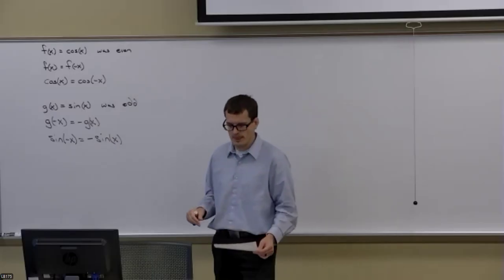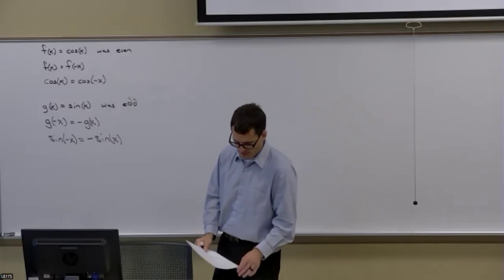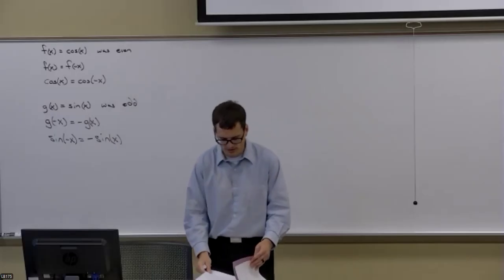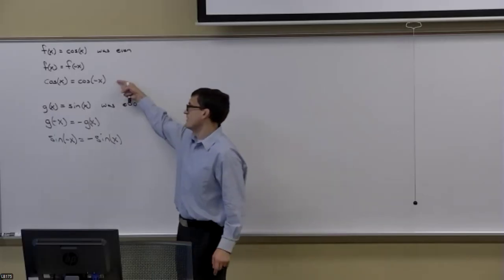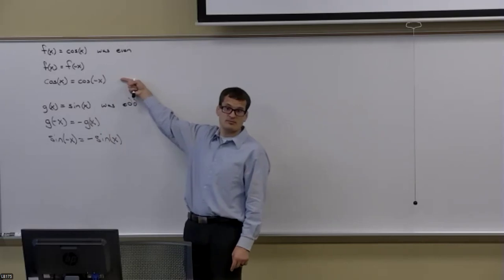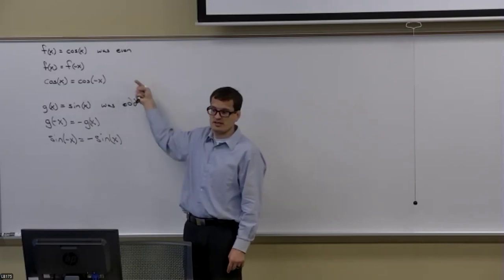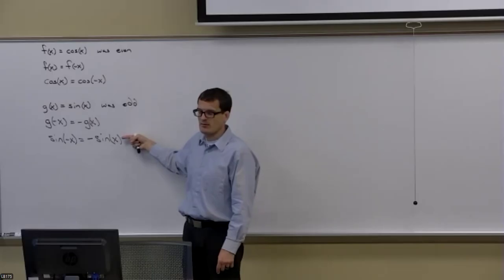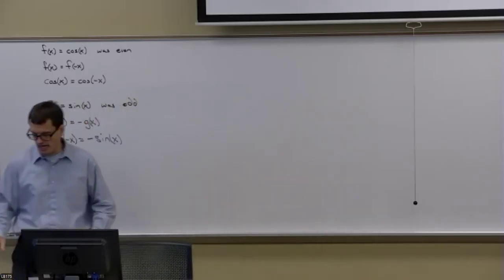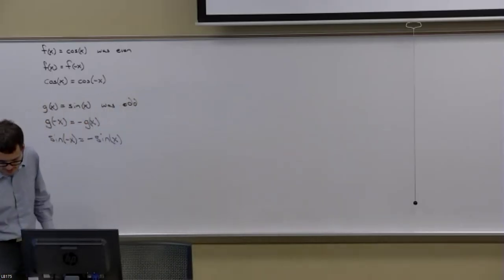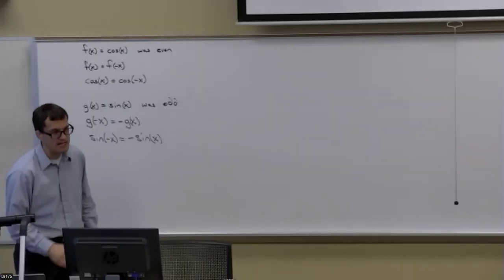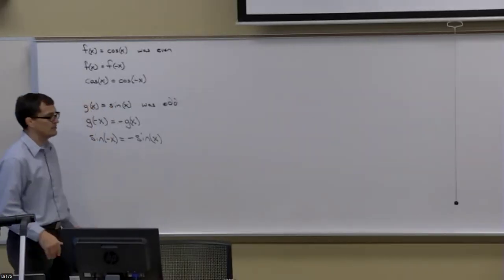Since cosine is an even function, we get what we call the even identity for cosine. Plugging in negative, same thing as plugging in positives. And we get the odd identity for sine. Plugging in a negative gives me the opposite of what I get when I plug in a positive.